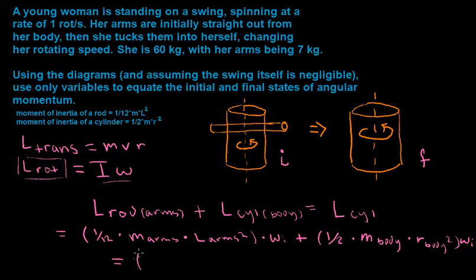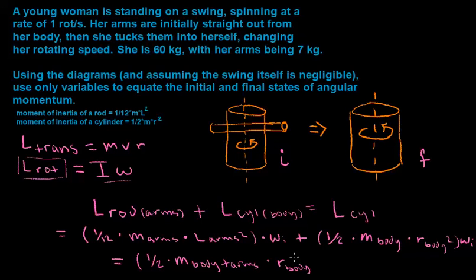So this is the moment of inertia of a cylinder, 1/2 times the mass of her body plus her arms, because now she's brought in these arms and they're being added as one huge mass. And then this is multiplied by the radius of her body once again.